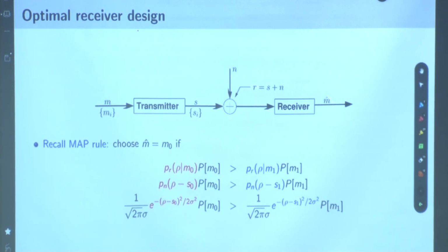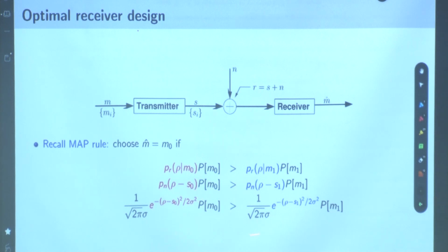The rule we are looking at, which we claim maximizes the probability of correct decision, is maximizing the a posteriori probability. What we have done till now is simplify the PDF of the received signal in terms of the PDF of the noise. If you use simple Bayes rule, the PDF of the received signal becomes the PDF of the noise shifted by whether M0 or M1 was transmitted.